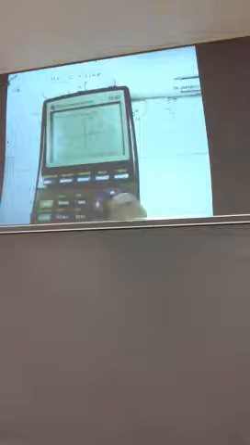The first thing it asks for is a left bound, so I push enter just to the left of it. Then I scroll just barely to the right of where it crosses and push enter again, using these 2 keys. And then it says guess, but just ignore the guess and push enter again.